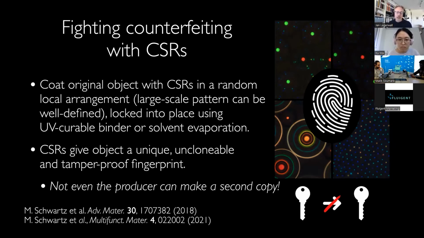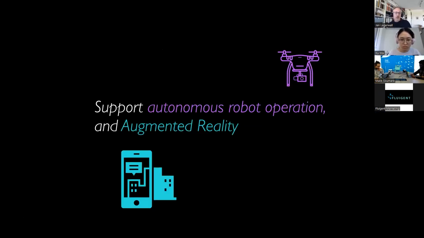And that is a big difference from most anti-counterfeiting solutions, which are based on secrets. So they can make holograms in the credit cards and so on. They can make millions of copies. They just try to keep it secret how to make them. But in this case, even if you know everything, you can't make a second copy. So that's about the anti-counterfeiting and track and trace.